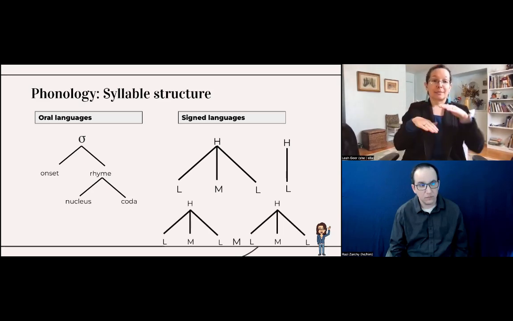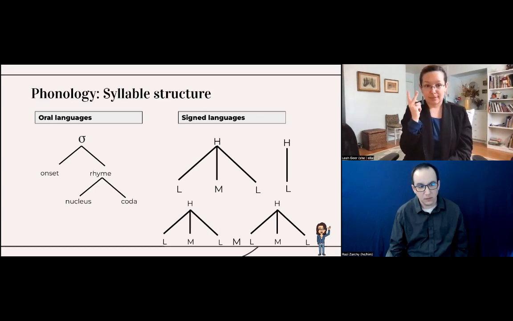Another very common structure that we see in sign language is based on the first structure, and it's duplicated. Now here, however, you will notice that instead of having 3 times 2 of these segments, we actually have 7. The reason for that is that you can't have 2 periods of stasis together.